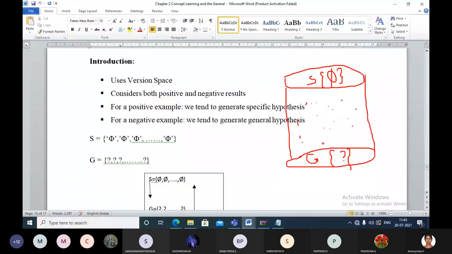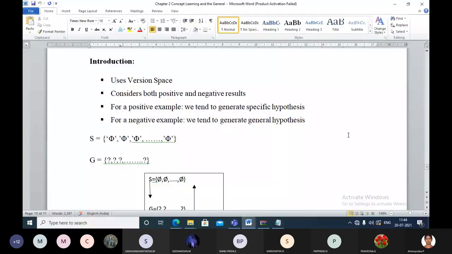This is the version space: the thing which lies between the specific boundary as well as the general boundary. I'll explain with an example. Imagine you have mobile phones, say iPhone from 5s to 7s, 8, 11, then Pro. So all versions are here.